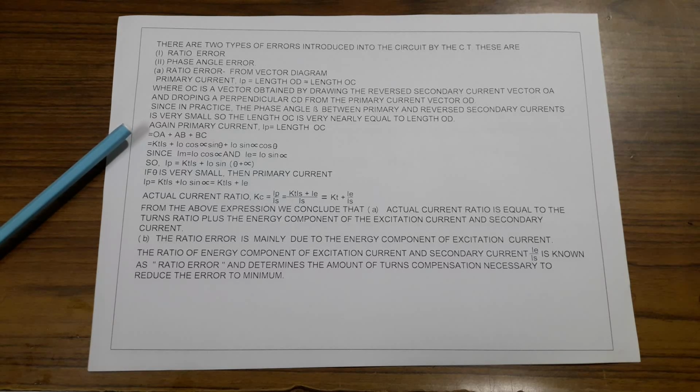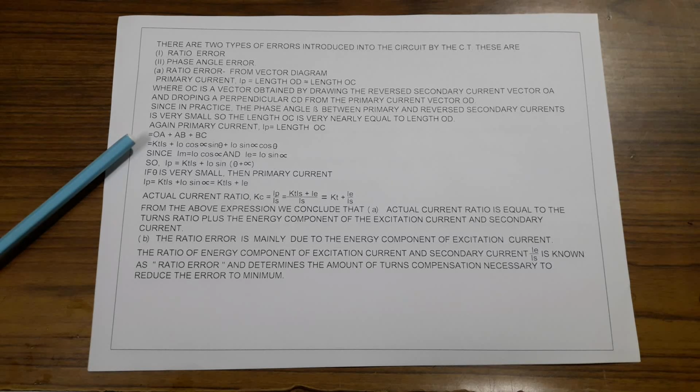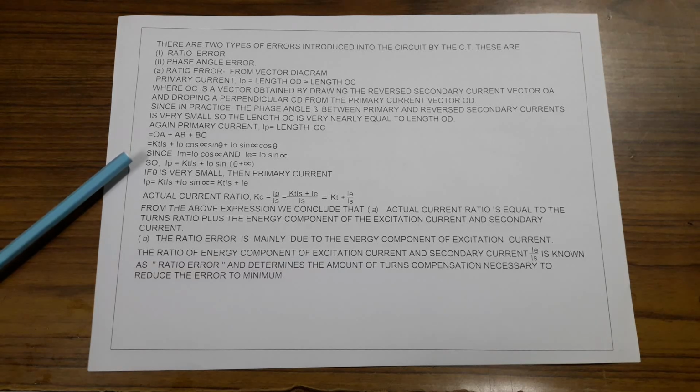Again, primary current IP is equal to length OC, which is equal to OA plus AB plus BC, which is equal to KTIS plus I0 cos alpha sin theta plus I0 sin alpha cos theta. Since IM is equal to I0 cos alpha and IE is equal to I0 sin alpha, IP is equal to KTIS plus I0 sin of theta plus alpha.